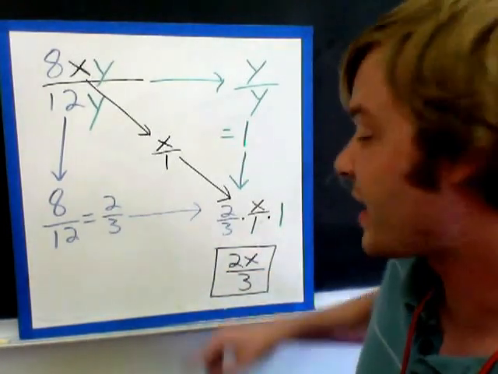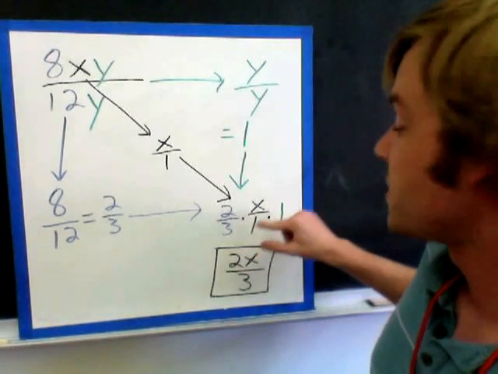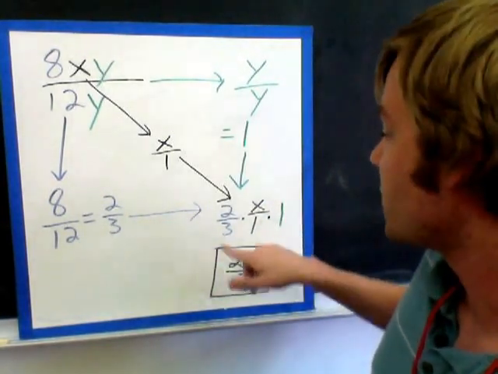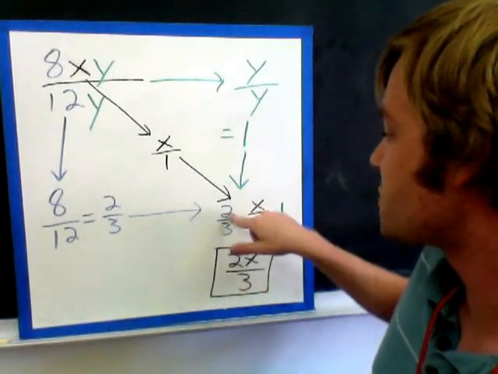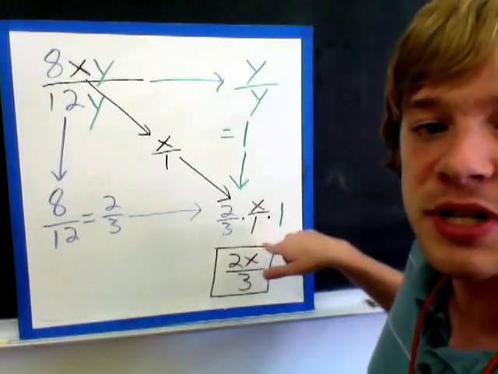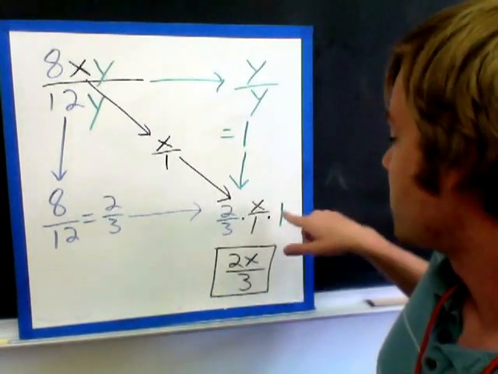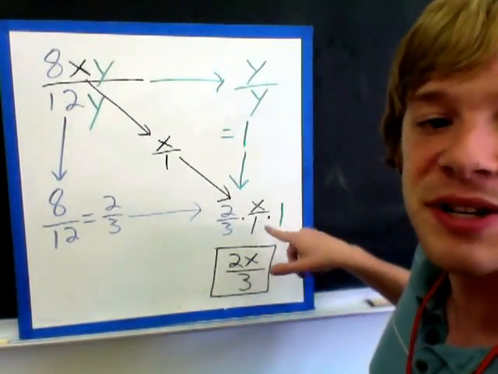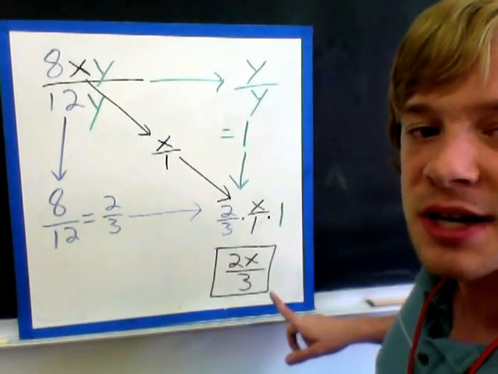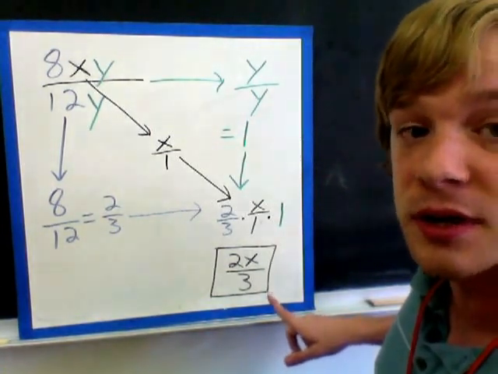So I have 2/3 times x over 1 times 1. Well, with this, I'm just going to multiply the numerators, so 2 times x gives me 2x, and 3 times 1 is 3. If I multiply everything by 1, it stays the same, so my final answer is 2x over 3.